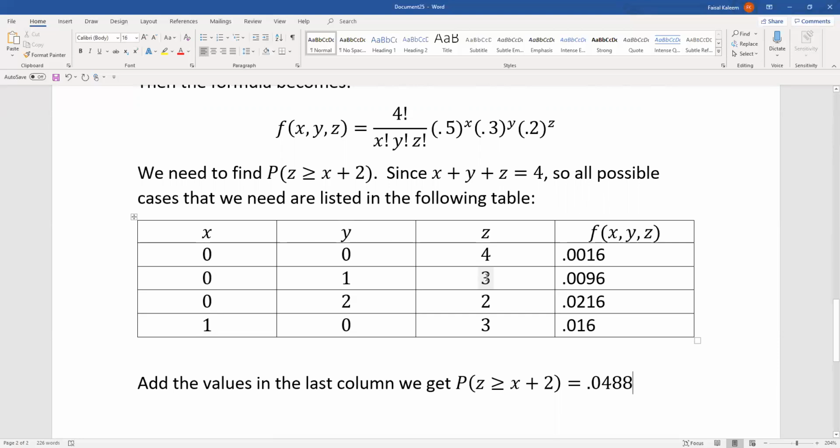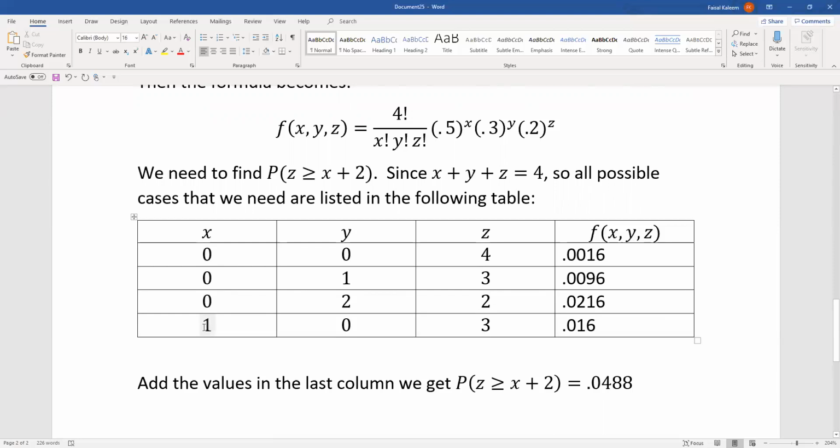In fact, the difference is 3; in the previous case, the difference was 4. We need the difference between z and x to be at least 2. So when x is 0 and y is 2, z is forced to be 2, and still the difference between z and x is at least 2. These are all the possible situations where x could be 0.